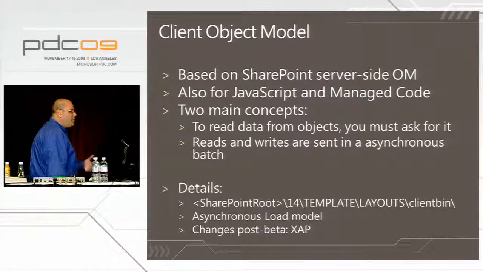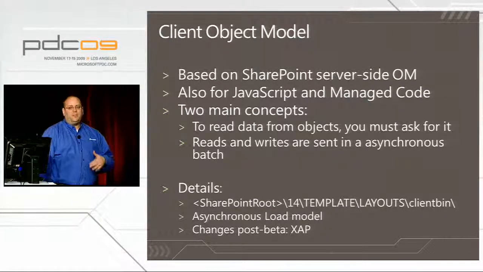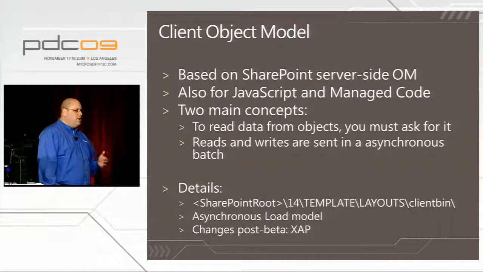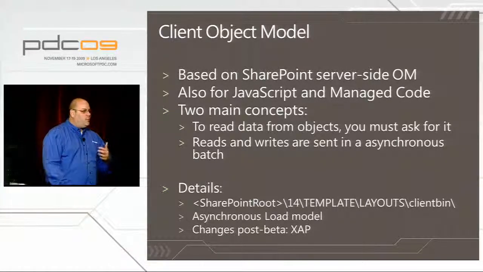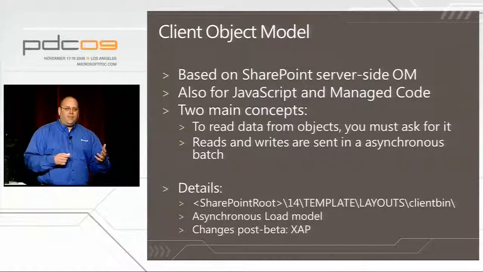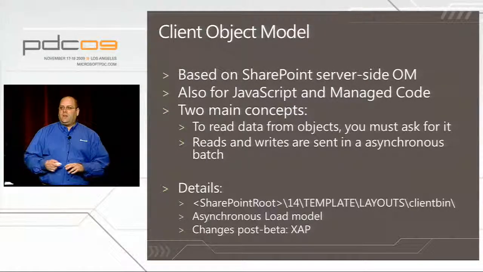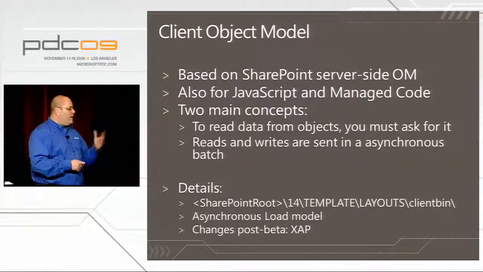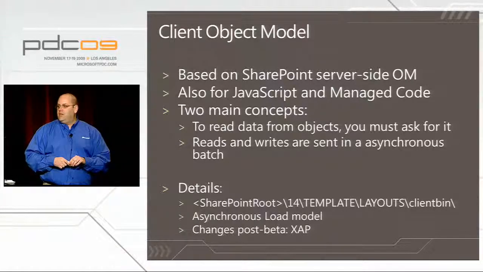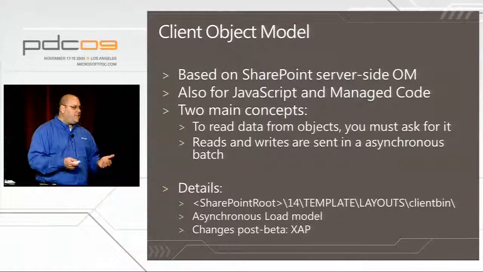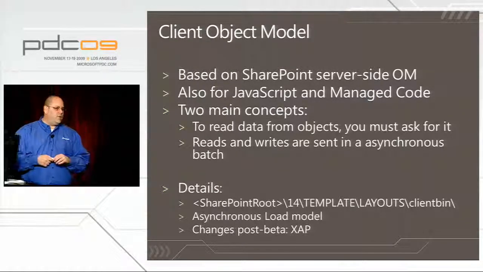The client object model is not only a Silverlight object model, but there's a native CLR object model and a native JavaScript object model. So if you want to do AJAX, or you want to mix AJAX and Silverlight together through the HTML bridge and do some really wacky stuff, that's possible with the client object model as well. It does the .NET CLR, so WPF applications, WinForms, and Office applications can all use the .NET CLR version.